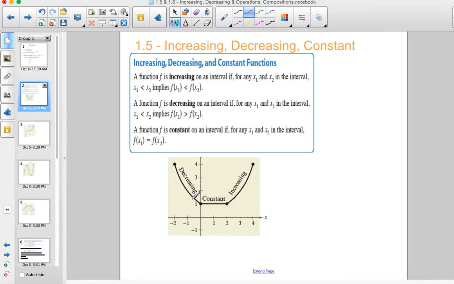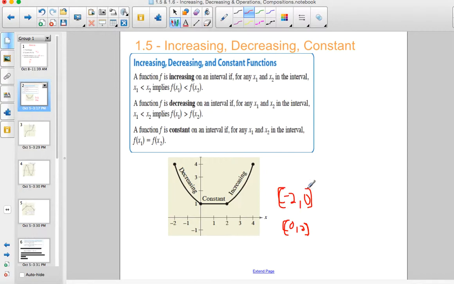So right here in this first part, we would say that it's decreasing from negative 2 to 0, right? These are just the x values that we're giving. And then it's constant from 0 to 2. Actually, we're going to use parentheses here. I shouldn't use brackets.